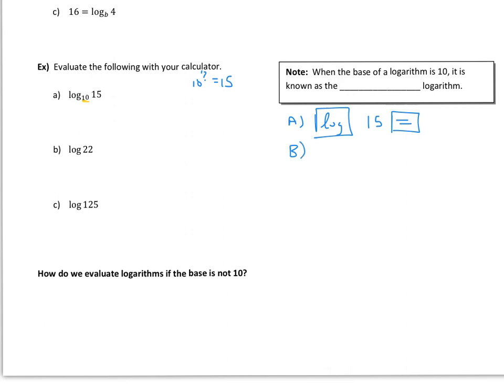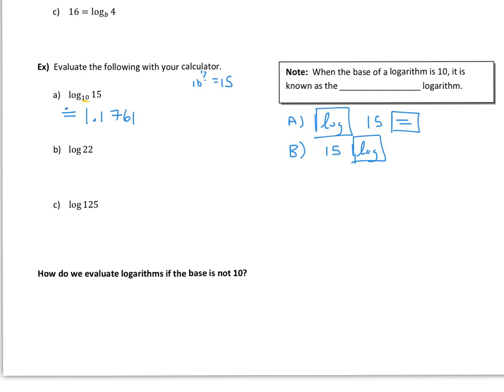I have an older calculator, so I actually have to put the argument in first. I put my 15 in first, and then I hit my log button, and I don't even have to hit equals. It just tells me the answer. It depends which calculator you have. If you put that in your calculator, I got approximately 1.1761. It kept going, but that's approximately what we get.